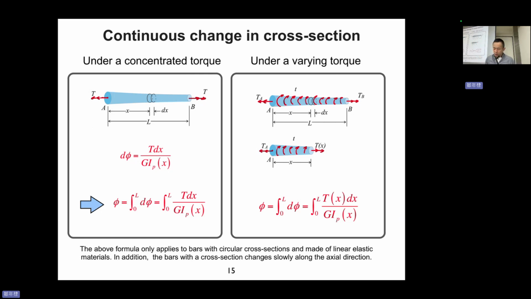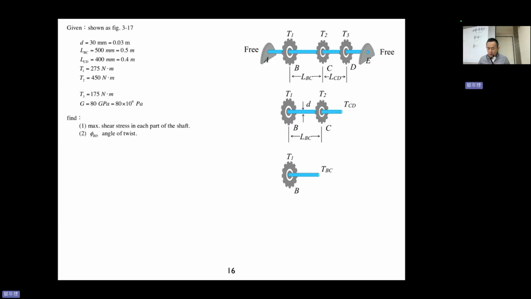So I believe this is quite simple because you learned that in chapter 2. So the concept is not new. Right, so let's continue. There is a shaft, and there are three gears. 齿轮.